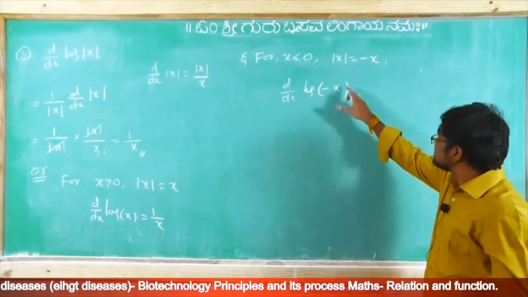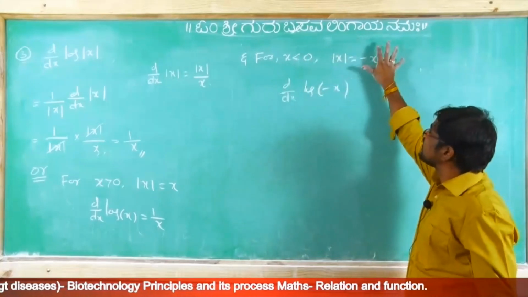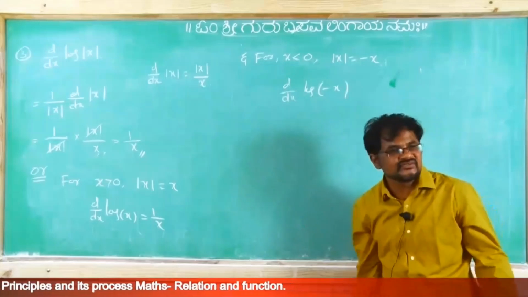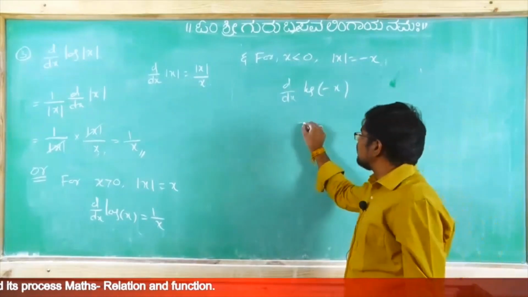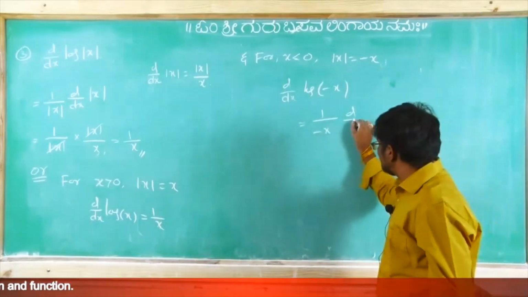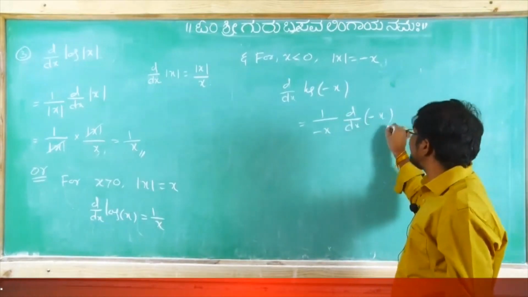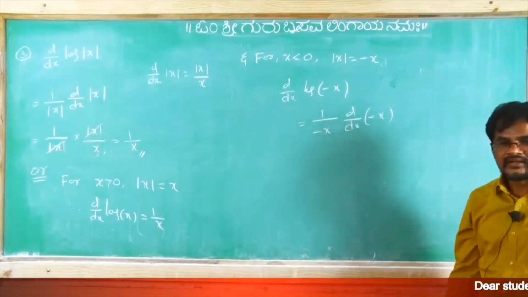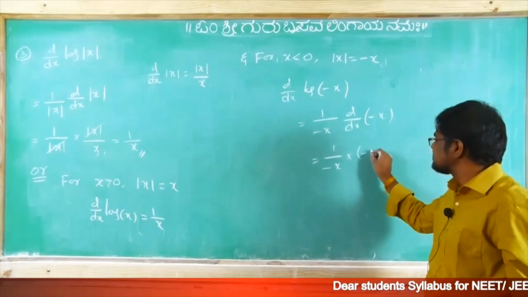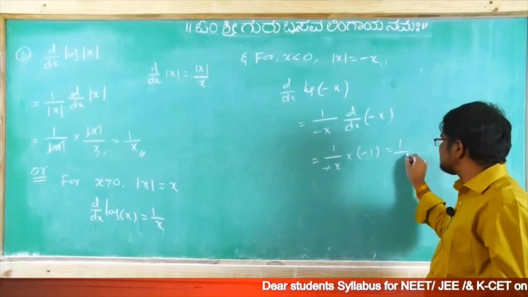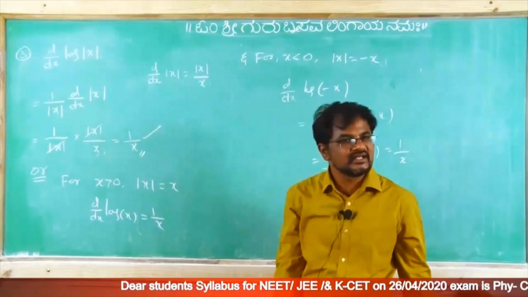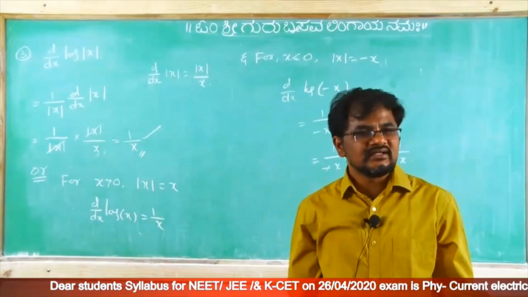Because here for x less than 0, mod x equals minus x that you are taking. Now differentiation of this one? 1 by minus x. Again we have to do the differentiation for minus x. That is equal to 1 by minus x. Differentiation of this one is minus 1, which gets cancelled. What is remaining? 1 by x. This only, for x greater than 0 or x less than 0.